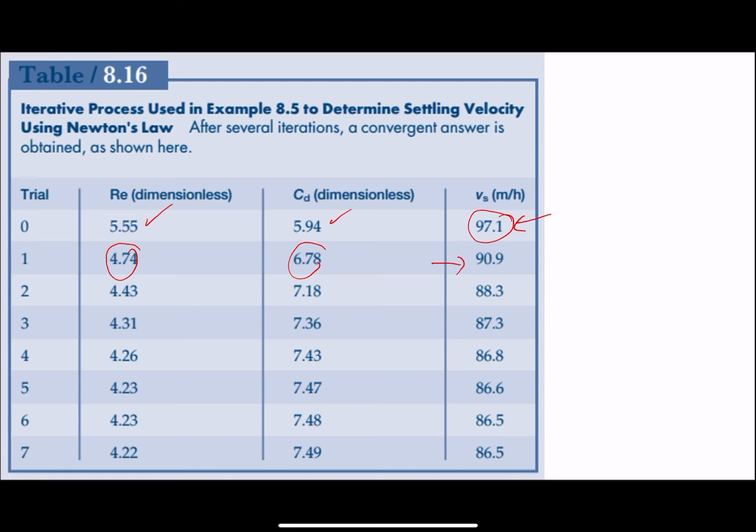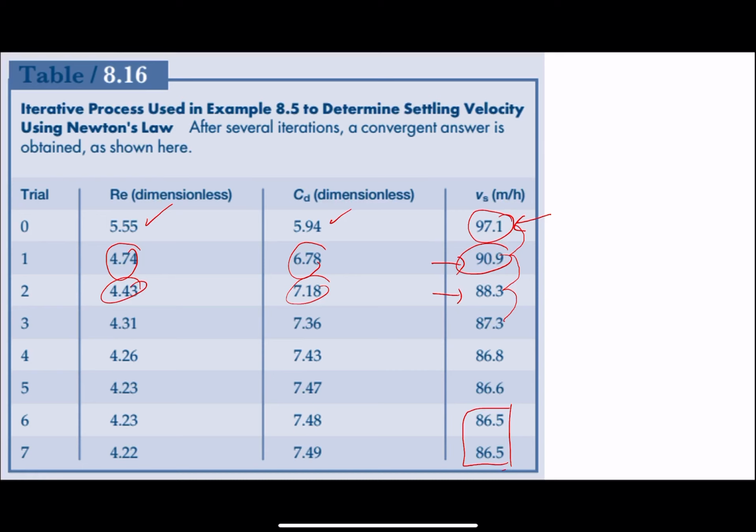Now we are using the Newton's equation. We're not using Stokes law. We find the Reynolds number here is 4.43. It will give you CD of 7.18, and then you could find out the new settling velocity. Now you can see that the settling velocity will go down, down, down, until here you can see that there is a convergence.